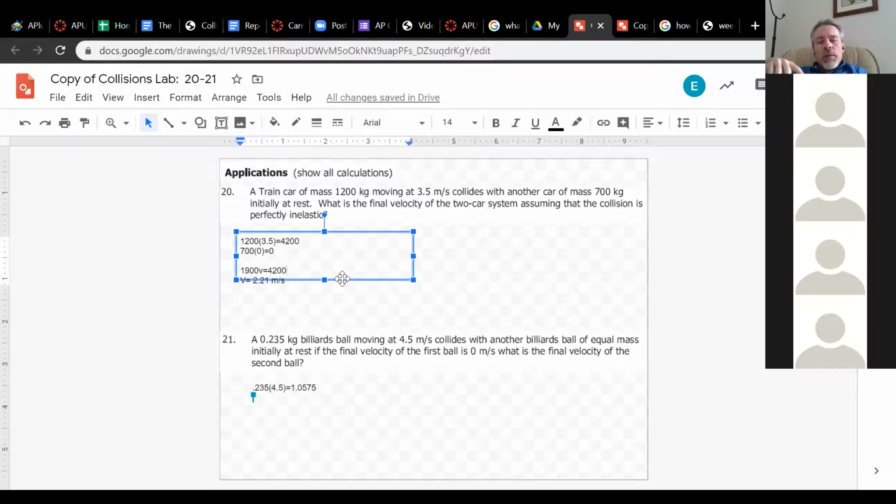So I'm hoping you understand that the final answer would be 2.21 meters per second. If the initial direction was north, then this would also still be to the north. Or if it's 3.5 meters per second to the right, this would be 2.21 meters per second to the right. So if you can give me a thumbs up so I know that you get that I made a mistake there and that I should have had a direction. Okay. All right. So again, give Malia a hand there. Thank you.